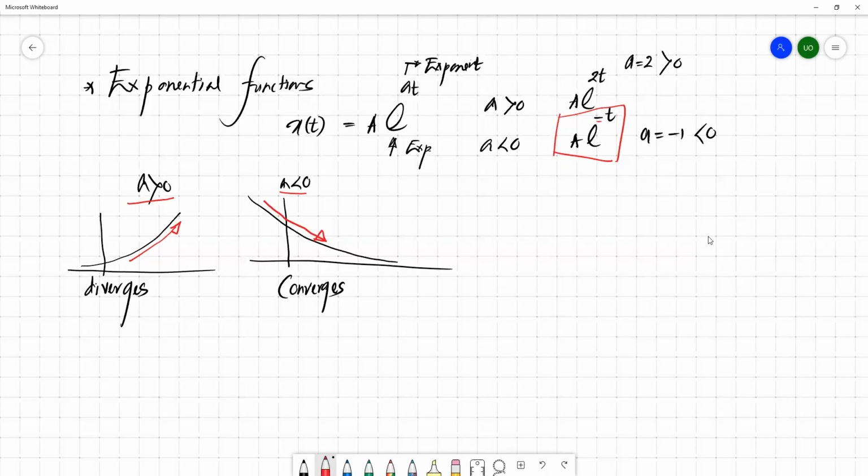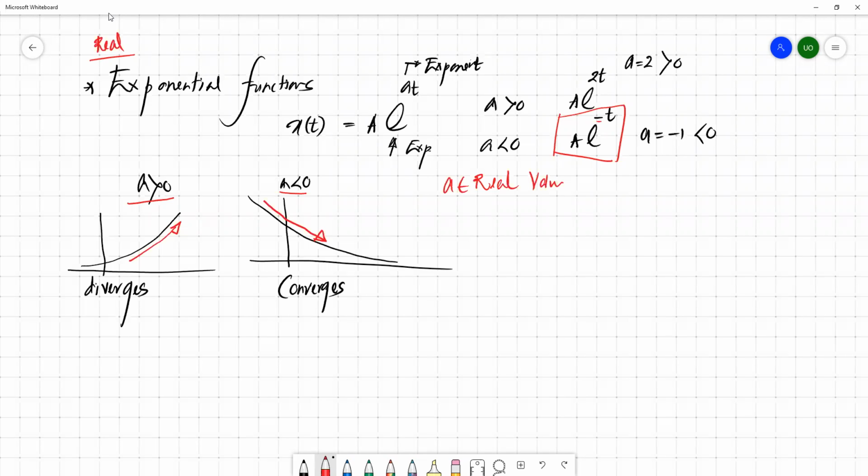So these are basically real exponential functions, because a is a real quantity, a real value. Whatever the real quantity is for a, if it is greater than 0, you have a continuously growing function, an exponentially increasing, divergent type of function.